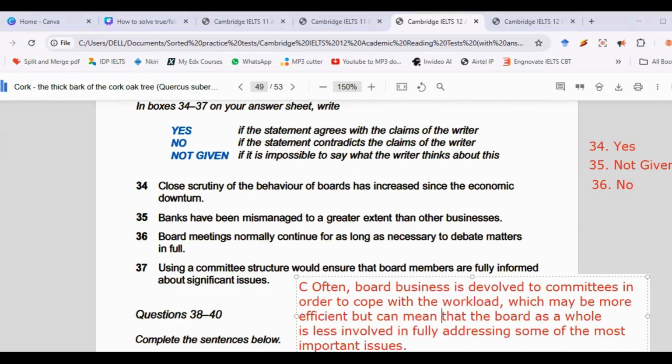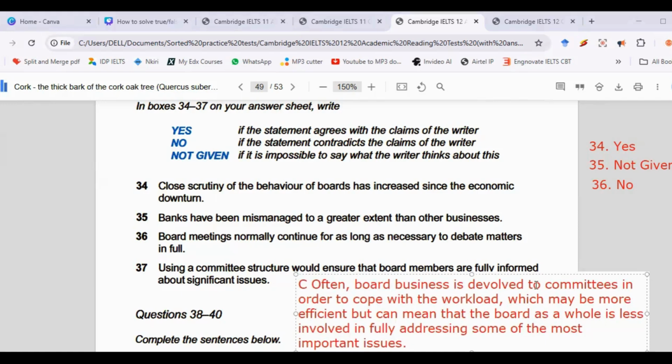What is going to be the answer for number 37, based on this part that I put in color red? Often, board business is devolved into committees in order to cope with the workload, which may be more efficient, but can mean that the board as a whole is less fully involved in addressing some of the most important issues. Is it supporting number 37 or contradicting it? Or is the answer not given? Who can tell me? Anybody?